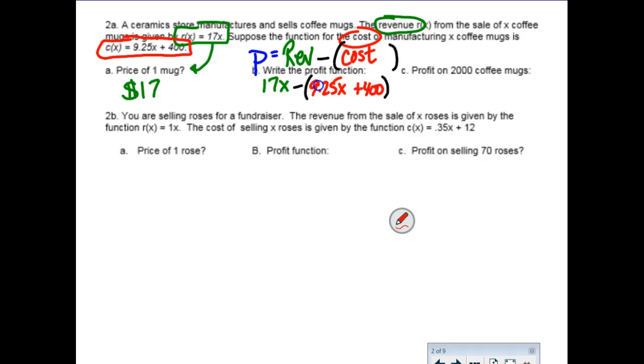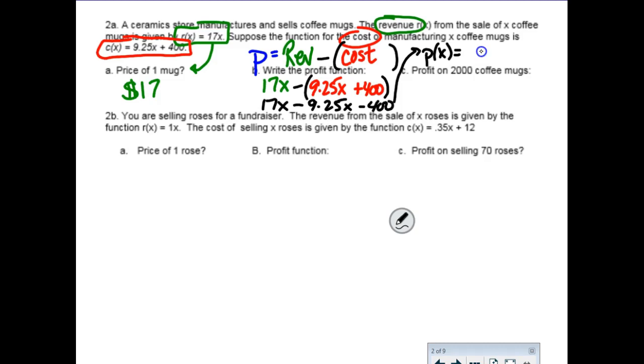Because we have those parentheses, we're going to distribute the negative to both of them. So 17x minus 9.25x minus 400, which of course I'm out of room. So I'm going to write it up here maybe. So the profit function is, which I should call P of X, that was my bad.